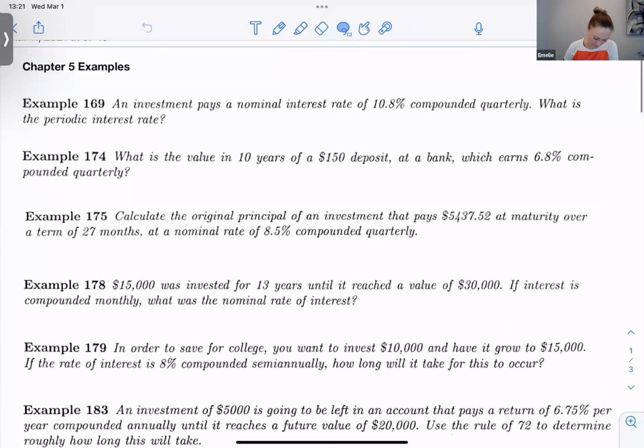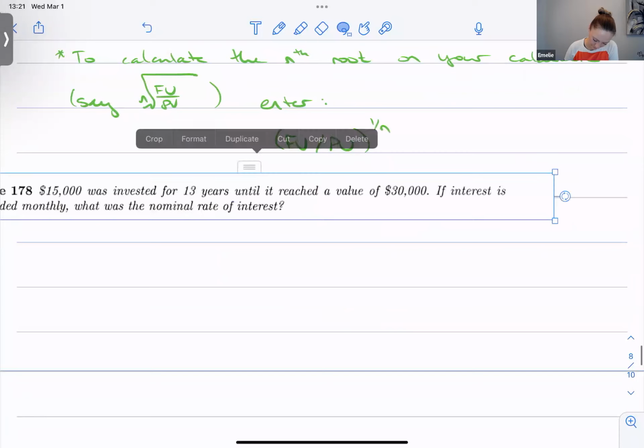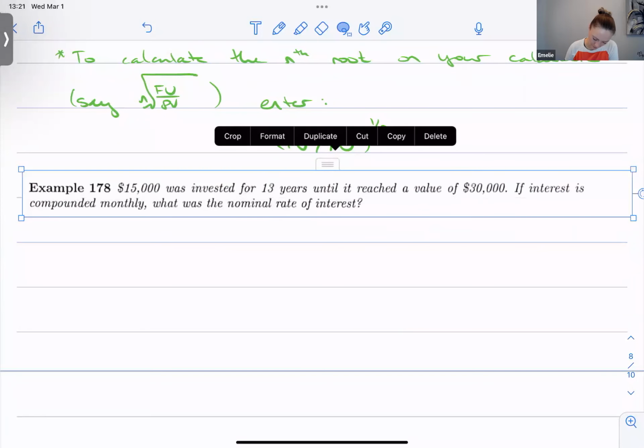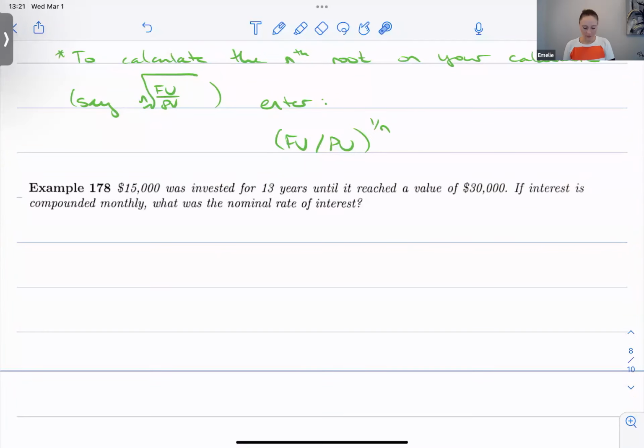178. $15,000 was invested for 13 years until it reached a value of $30,000. If interest is compounded monthly, what was the nominal rate of interest? So a couple of things were given right away that we can highlight.